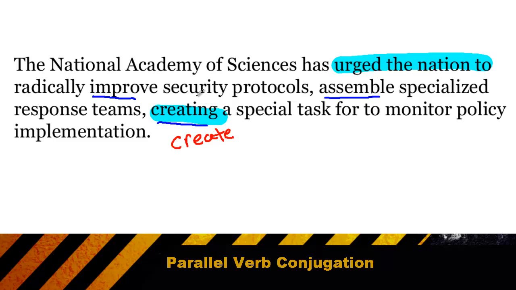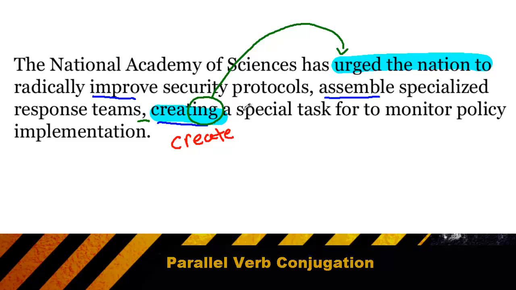The way it reads now with the ing, remember that comma ing actually modifies the verb that came before it. So in this case, that's urged. So the way that the sentence is written originally, it makes it sound like the simple urging of the nation created a special task.